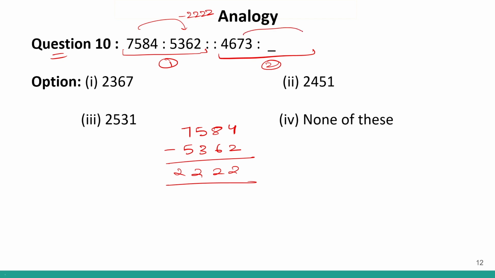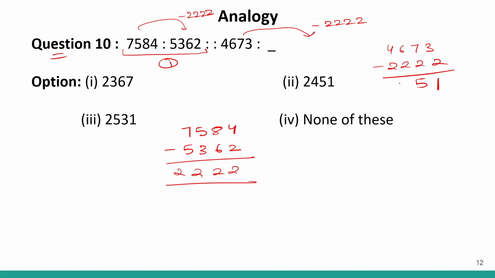Correct? So we will do the same thing over here. We will subtract 2222. Correct? So if I subtract 2222 from 4673, then how much will I get? 2451. This will be my answer, 2451, which is given in option number 2. So option number 2 will be the correct answer to this question.